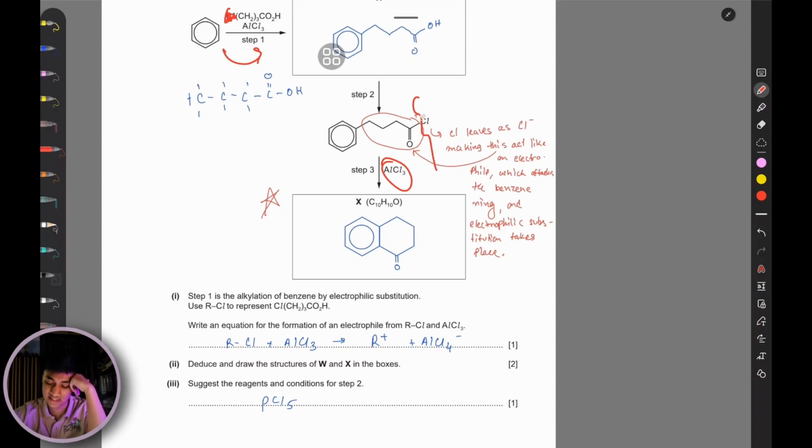So this catalyst gains this chlorine atom, forming AlCl4 minus. And there is a positive charge on this carbon atom. This will act as the electrophile and is going to join this point.